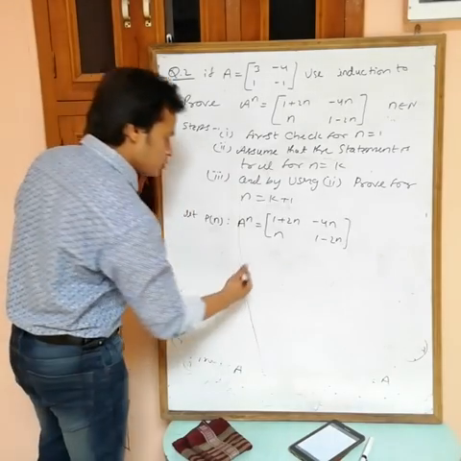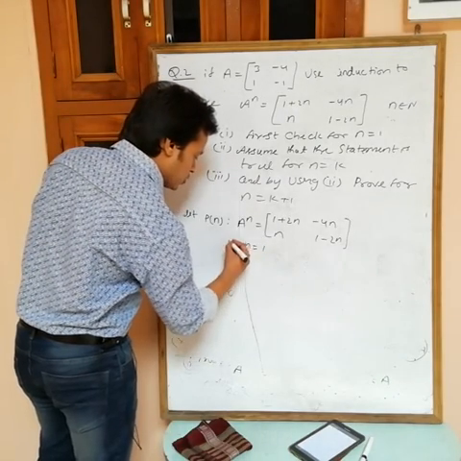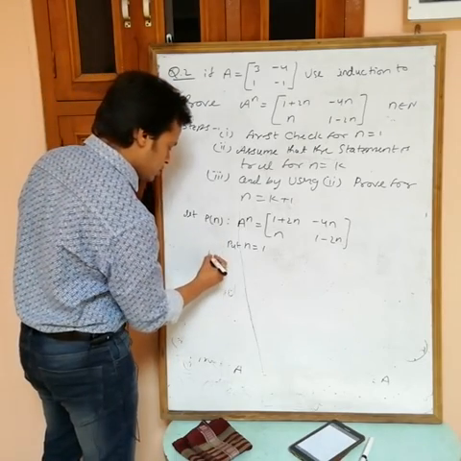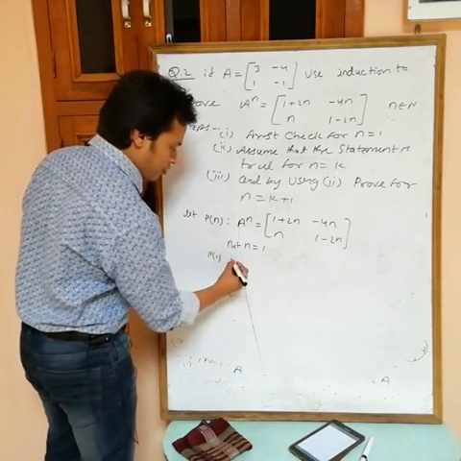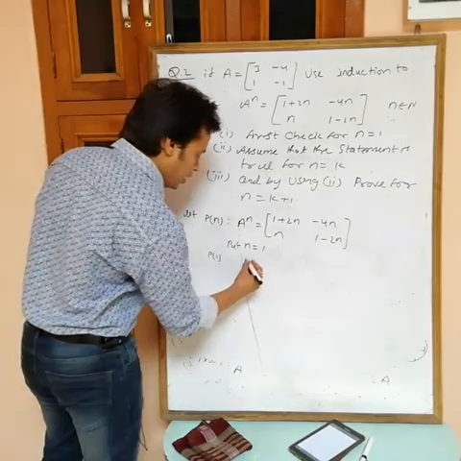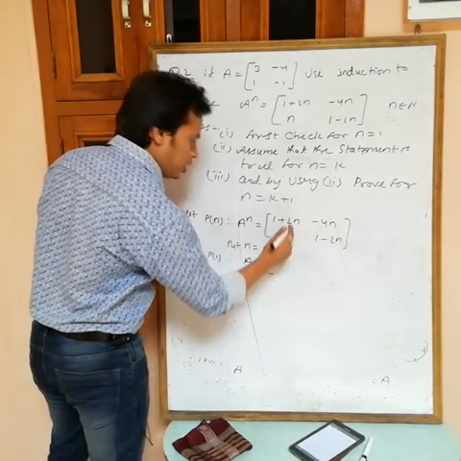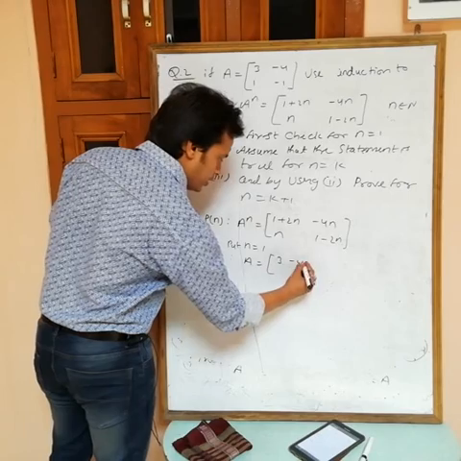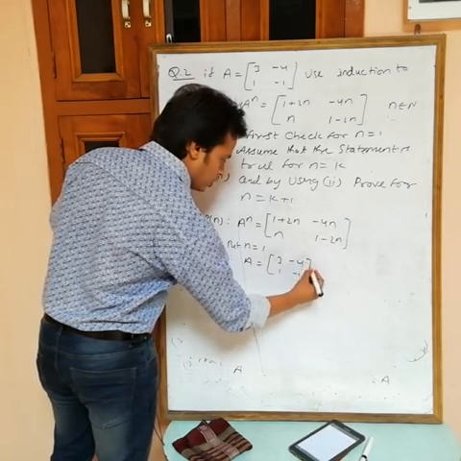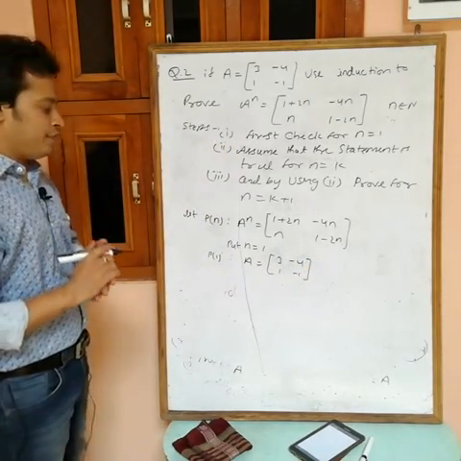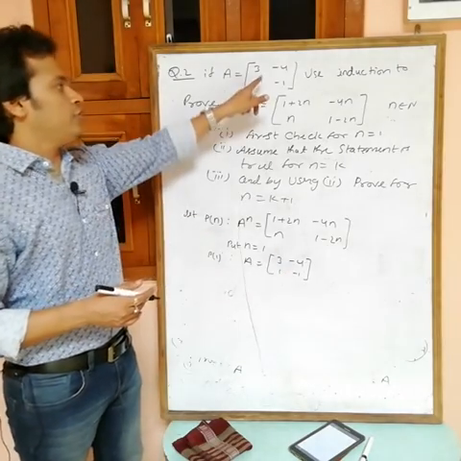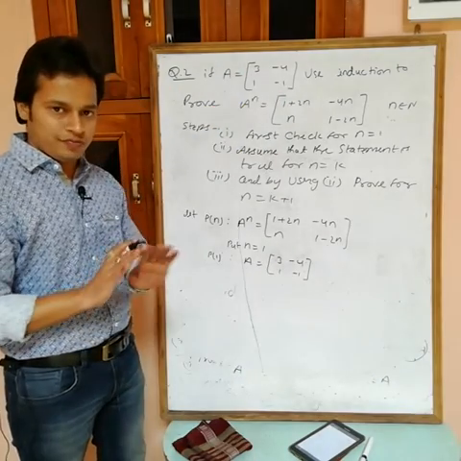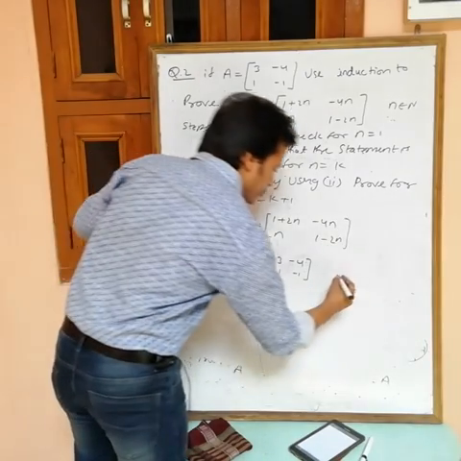Now first step is first check for n equals to 1. So put n equals to 1. If you put n equals to 1, then this statement becomes P1, and here A power 1 is A. If you put n equals to 1 in this one, what are we getting? [2+1=3, -4; 1, -1]. Now check if this is true or not. It means A equals this one or not. You can check, A equals [3, -4; 1, -1]. True.